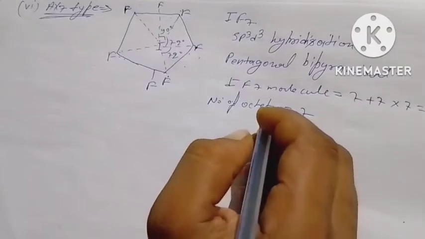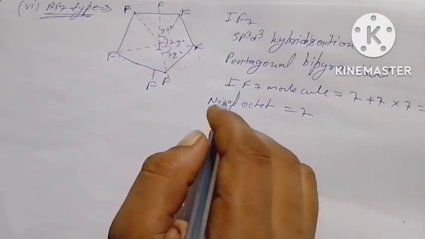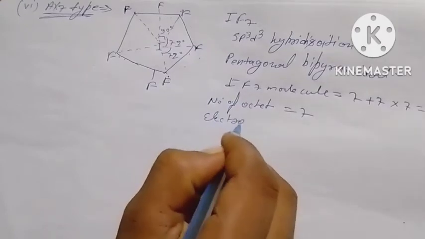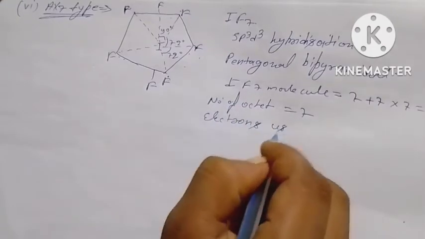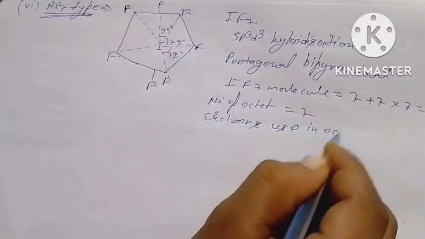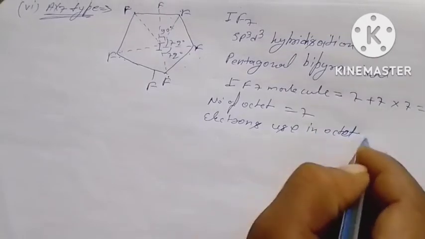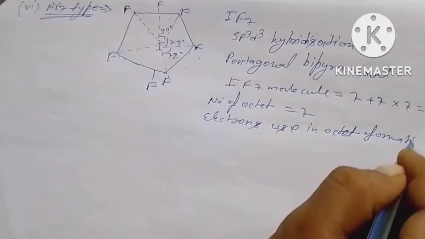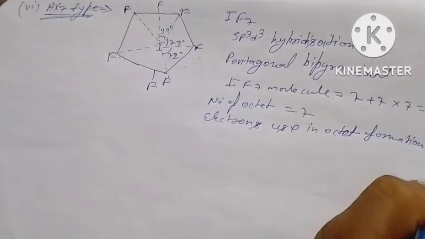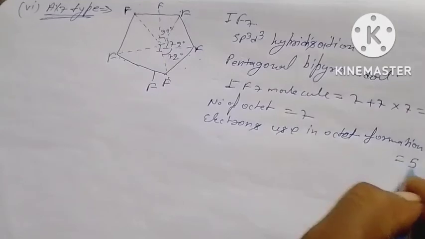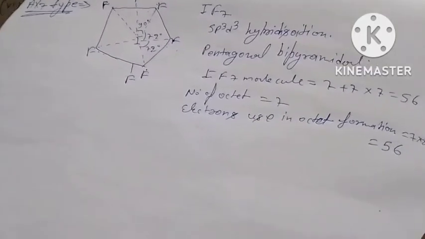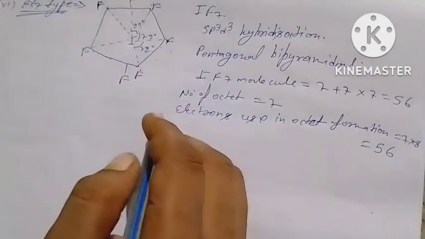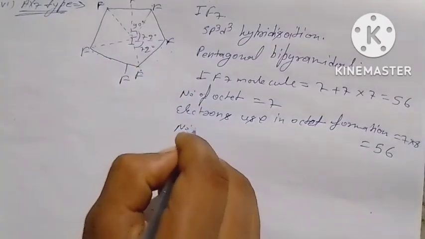Electrons used in octet formation is 7 multiplied by 8, equal to 56. And the number of lone pairs is 0.